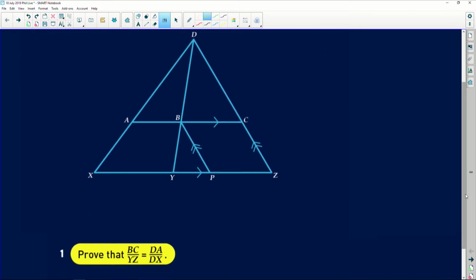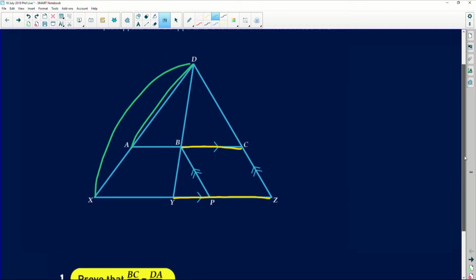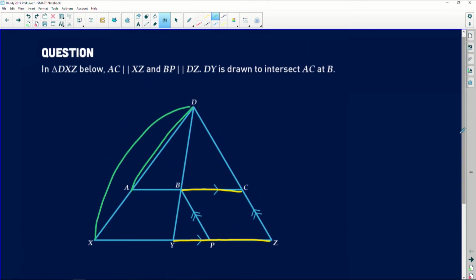It says, prove that BC over YZ is equal to DA, which is this line here, over DX, which is that whole line there. Okay, so immediately when I look at these two here, I see that they fall into two different triangles.